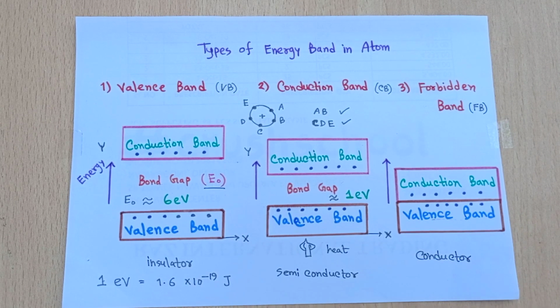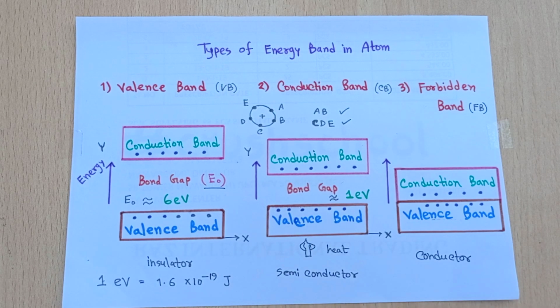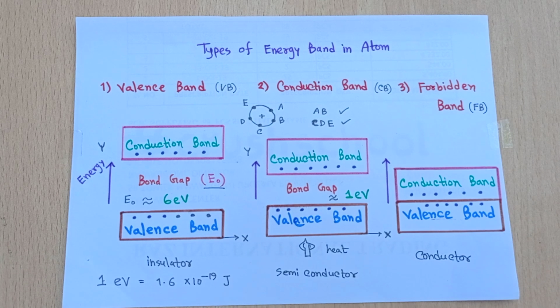So in this conductor, you can see there is no forbidden gap. So we do not apply any heat or any pressure to flow the electron through the conductor, and a conductor has a very high amount of free electrons which have a very high amount of energy which can help them to flow from one atom to another atom.